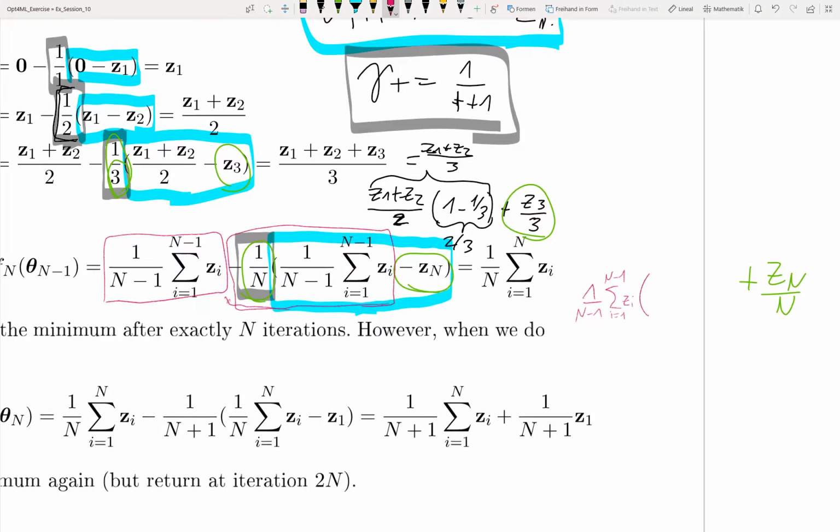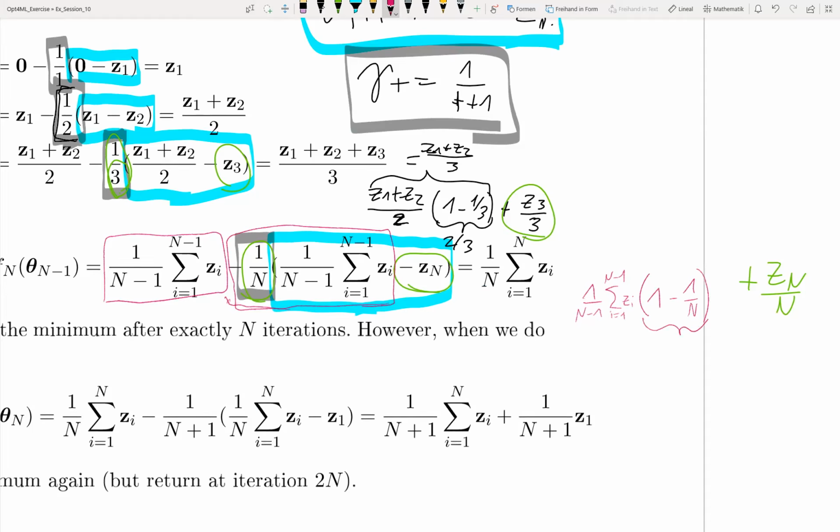It's the term that they have in common, namely the empirical average over the first n minus 1 data points. Here we have it multiplied with the 1, and here we have it multiplied with minus 1 over n.